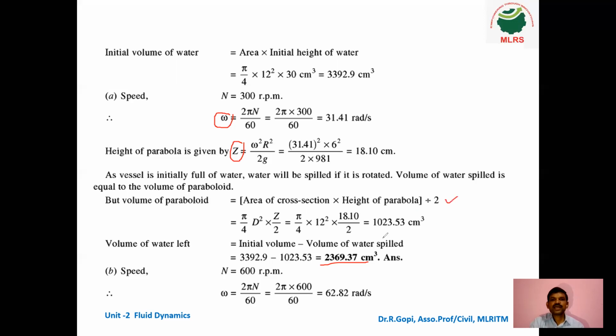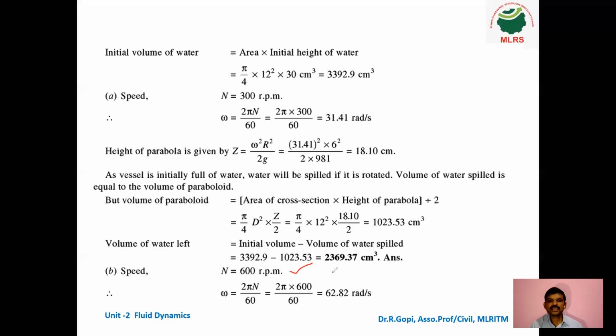Finally we get the answer 1023.53. So volume of the water left is initial volume minus volume of water spilled out. Next we will move to the speed equal to 600 RPM.